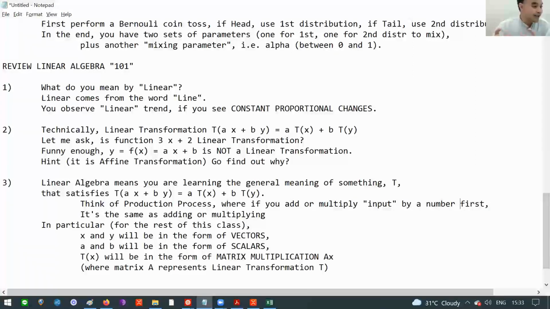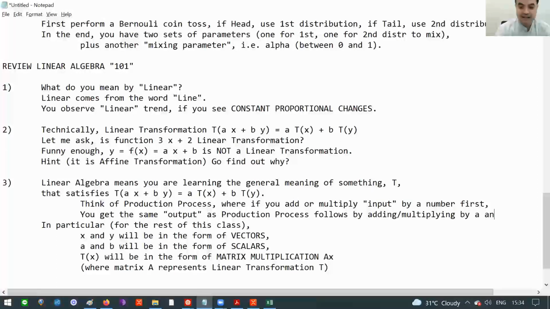So you add two ingredients, or you double the ingredient, and you produce it. It's the same. You get the same output as the production process followed by adding or multiplying. So you double the input, you get double the output.